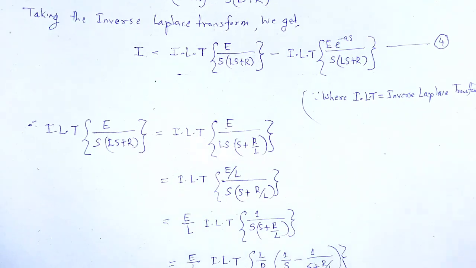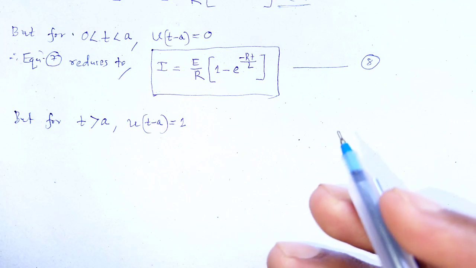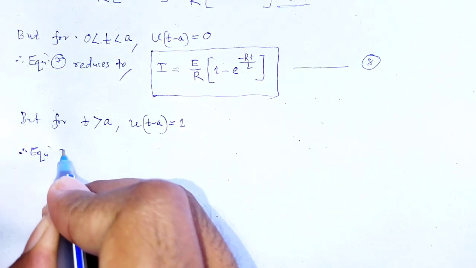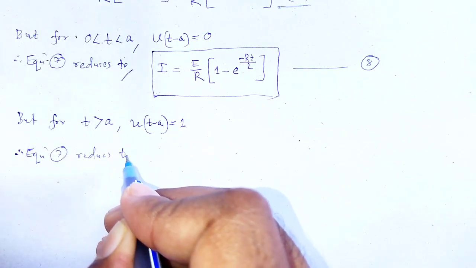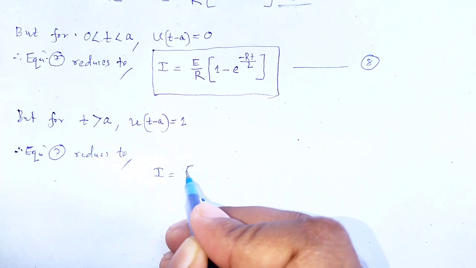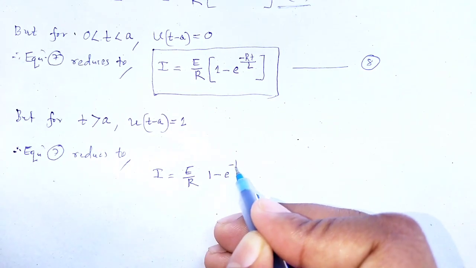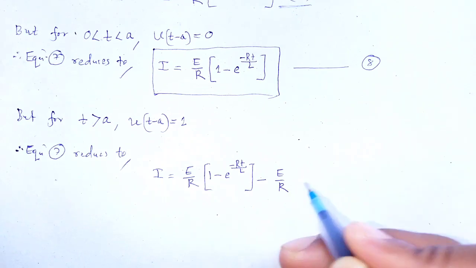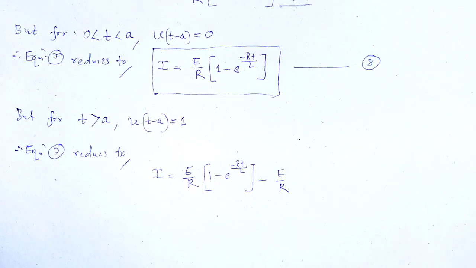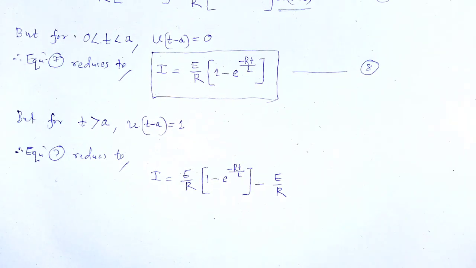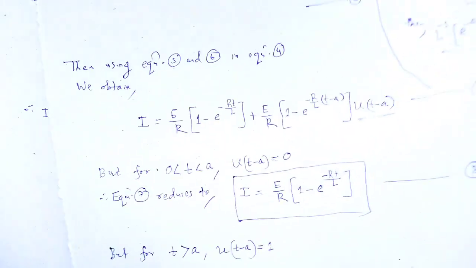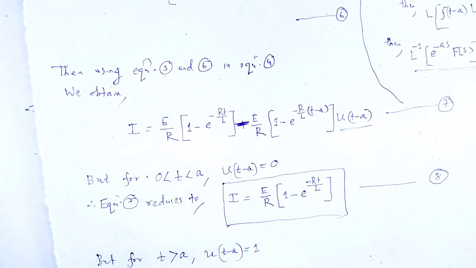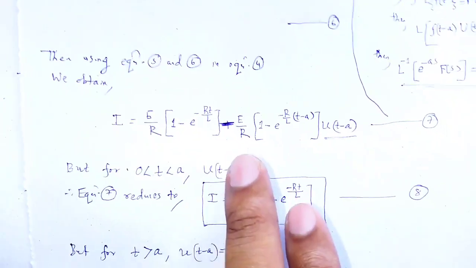So, equation 7 reduces to the form I is equal to E by R into 1 minus e to the power minus RT by L, minus E by R. Look here, that is the minus term.